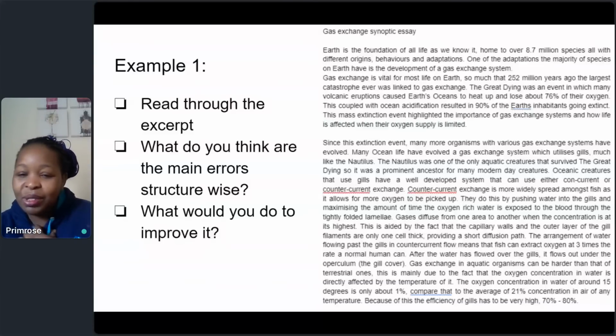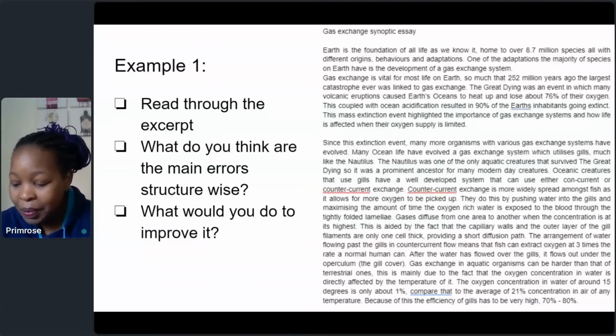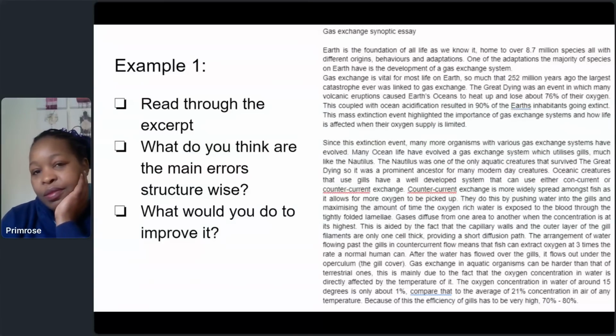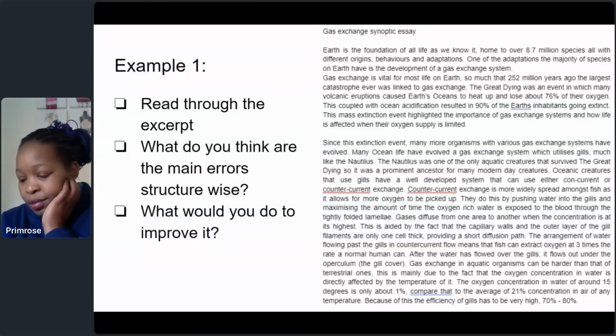Is there anything else you've picked up? So how would you start the essay? Would you start the essay the same way? It is quite vague.